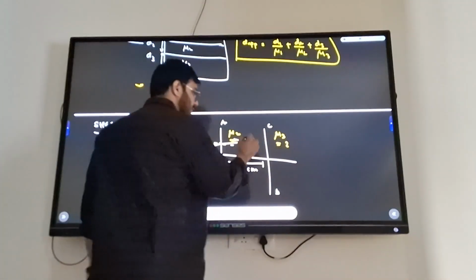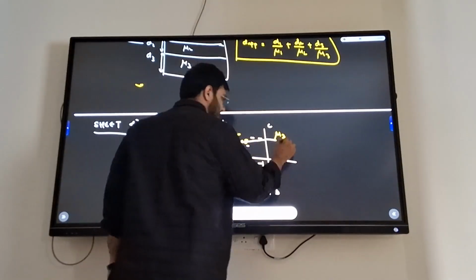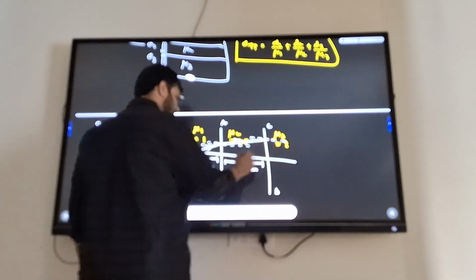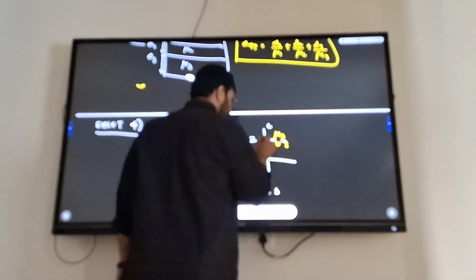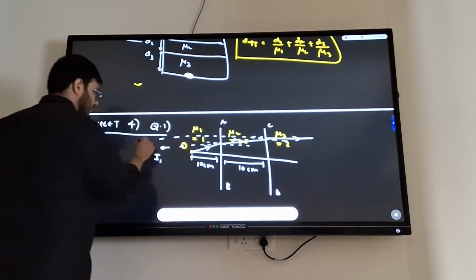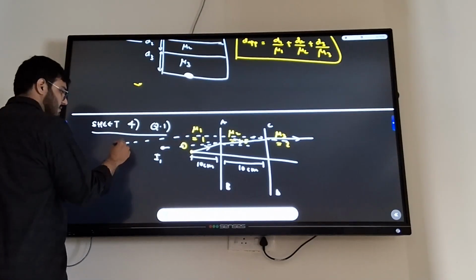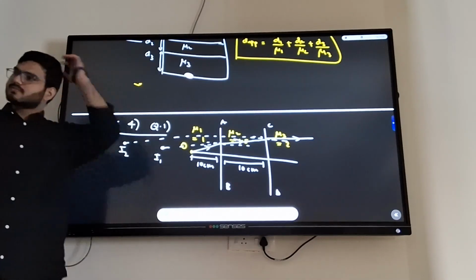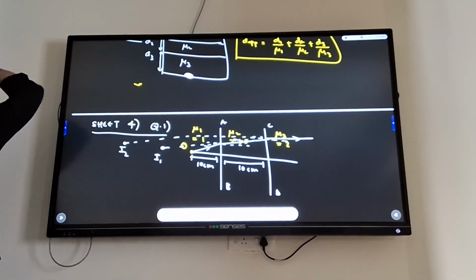This ray goes forward and then it refracts again. How will it refract again? Towards the normal again, because mu3 is denser. And if I take it backwards, this is where it will be. How can I find my I2? I2 is my image, the actual, real image.